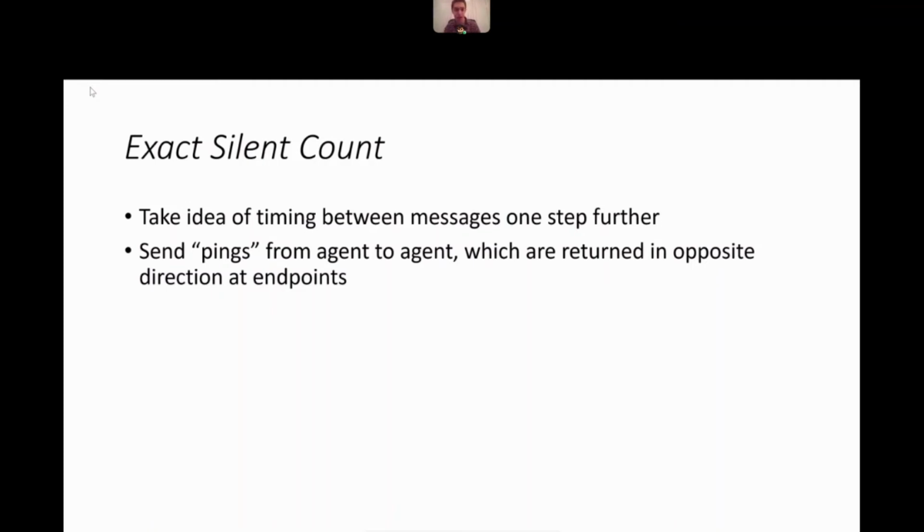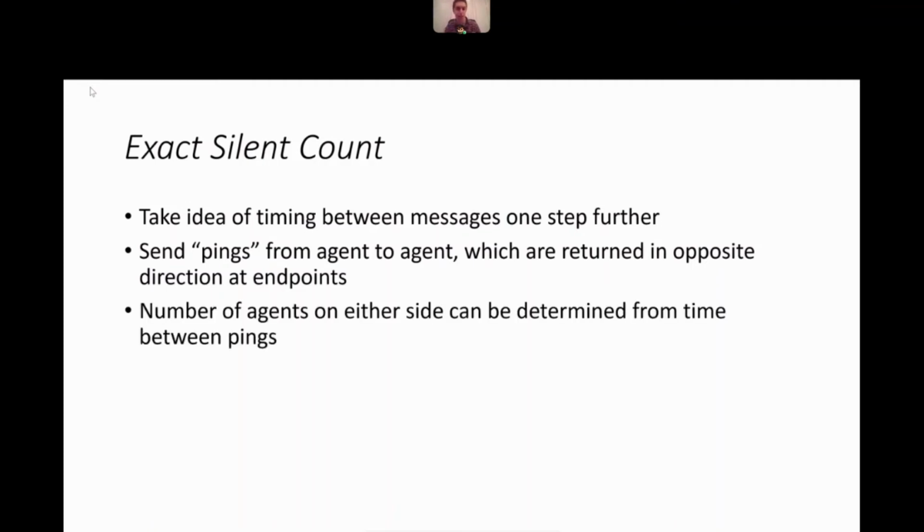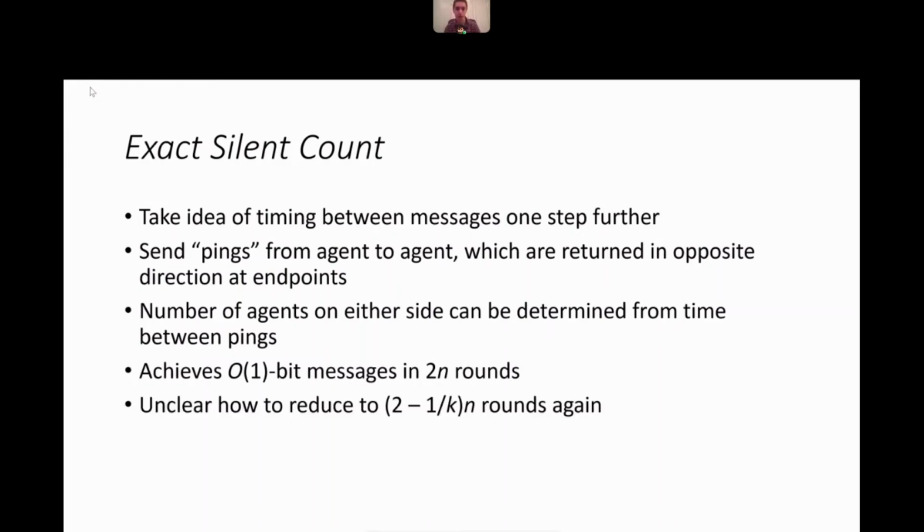And each agent can determine the count of agents on either side based on the time between pings. Now this makes it a lot harder to achieve 2 minus 1 over k times n rounds, but it does achieve it in 2n rounds with constant size messages. So it's unclear how to improve this, but we have hope that future work will find it.